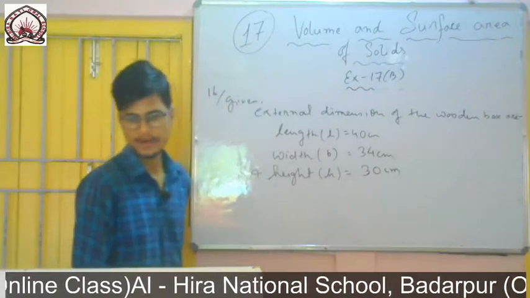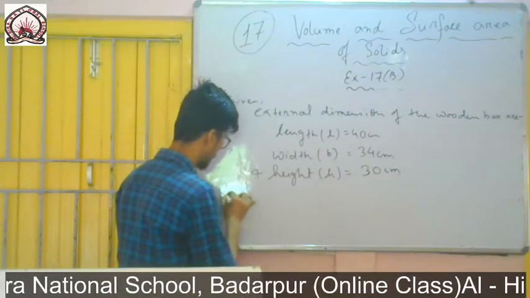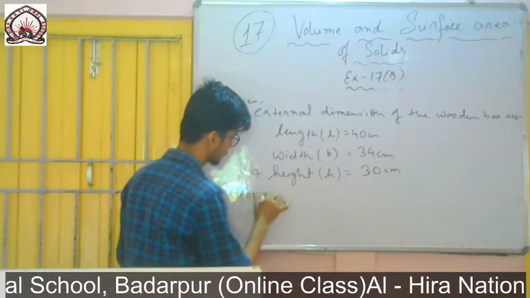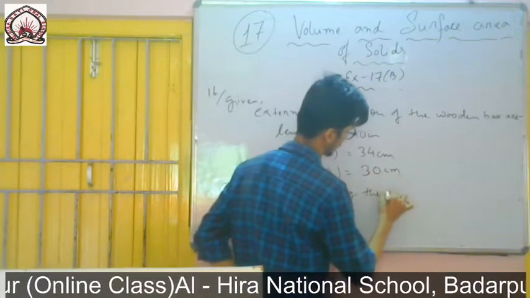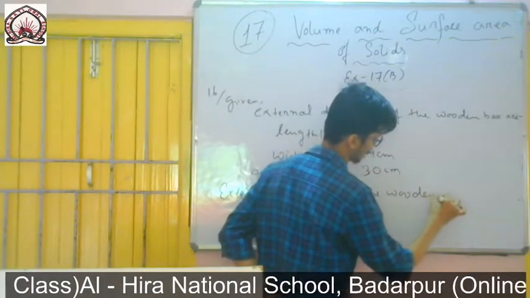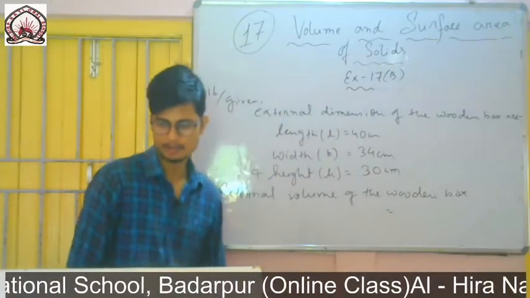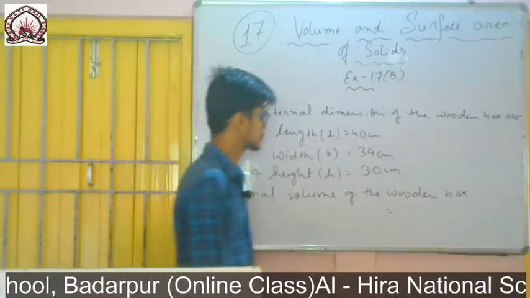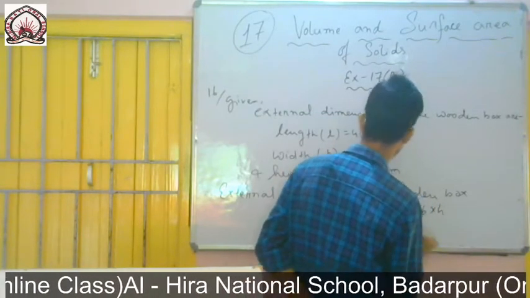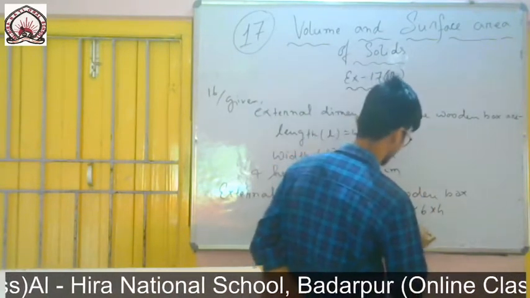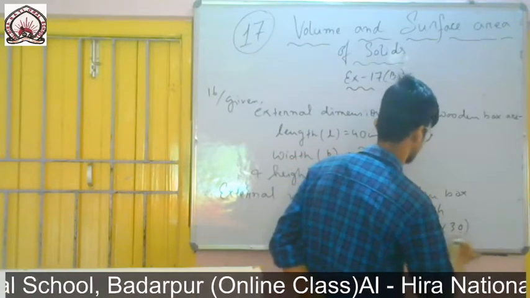So the question is to find, first of all we have to find the external volume. Therefore external volume of the wooden box is equal to length into breadth into height. Here length is 40, breadth is 34 and height is 30.